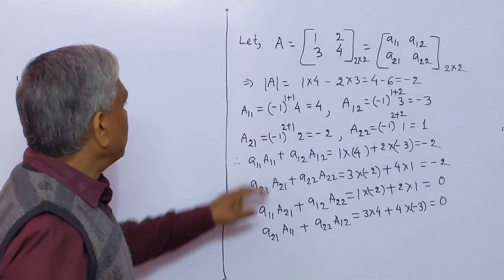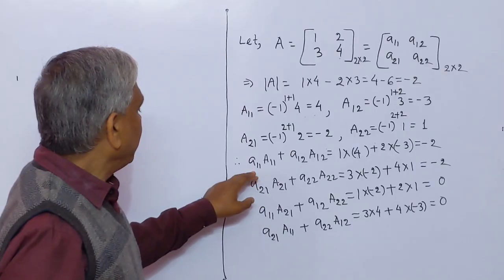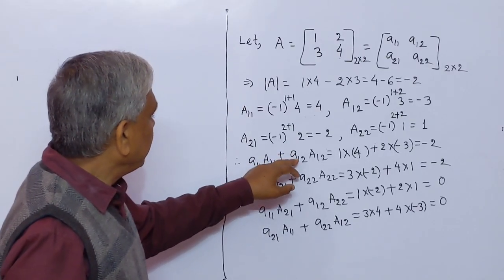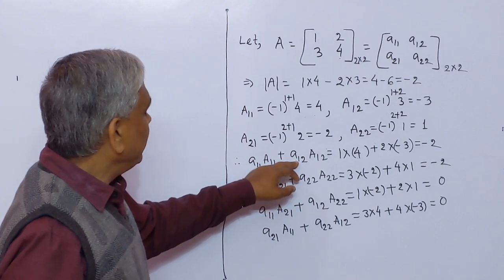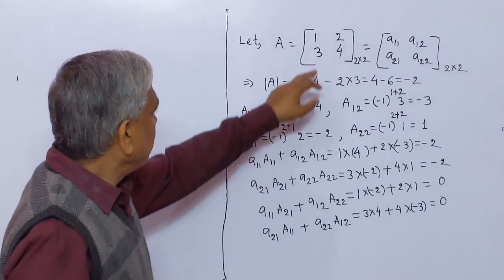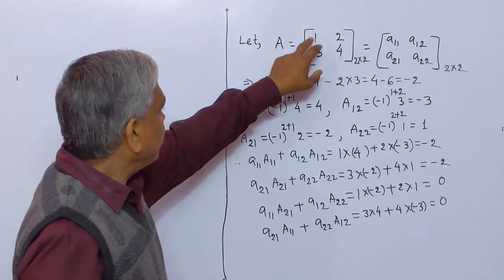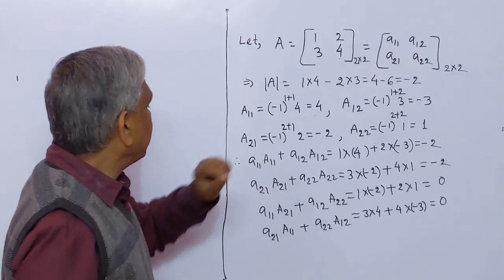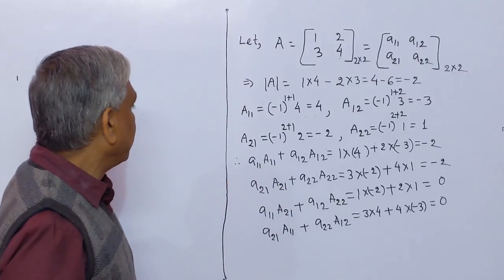Now A11, its cofactor capital A11 plus A12 multiply its cofactor capital A12 means we take the element of the first row with scalar product of its cofactor.